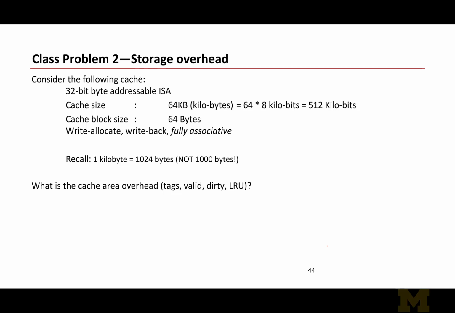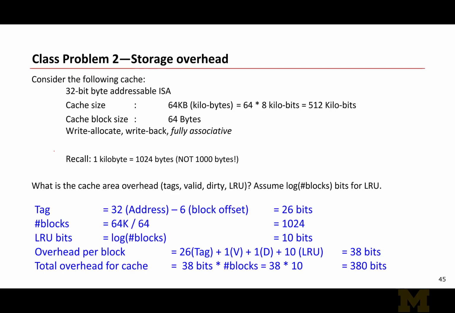Alright, cache problem 2. In this case we are asked to compute the storage overhead for a cache with the following characteristics. Again, the overhead is going to be based on the tag, which is the address size, 32, minus the block offset, and the block offset is derived from the block size.